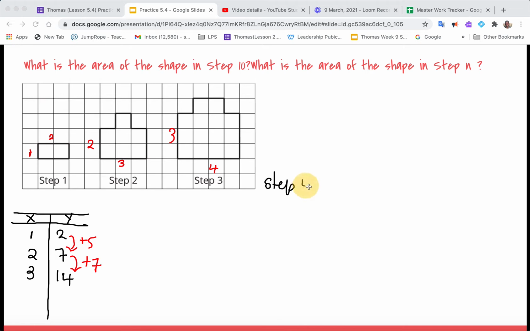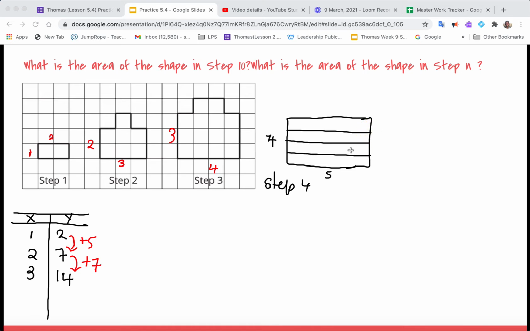For step 4, I'm going to draw a shape, because the sides keep increasing by 1 each time. So we're going to have a 4 by 5. And then we have 2 extra, though that's also growing by 1, so we're going to have 3 extra on the top.